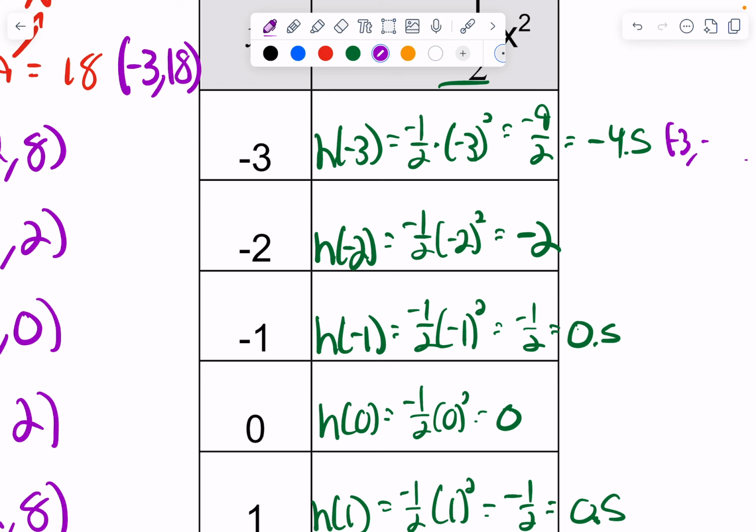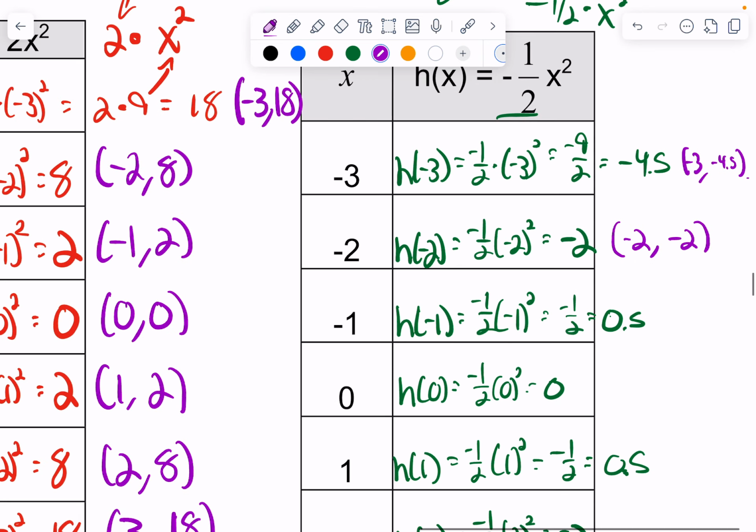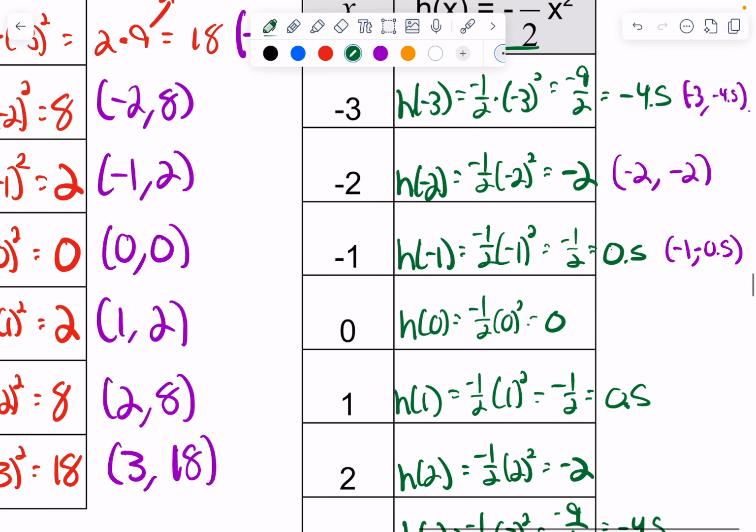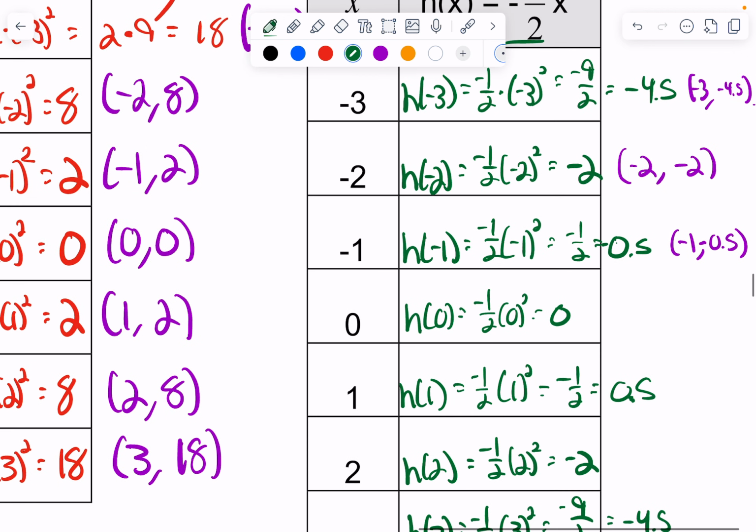Let me clean that up, make that look nicer. 4.5. When you plugged in the point minus 2, you got minus 2. When you plugged in the point minus 1, you got 0.5. Oh, it should be negative 1/2. This should be a negative here. And make this one negative as well right here.